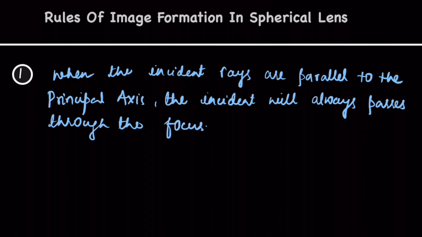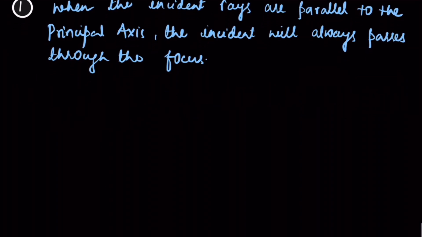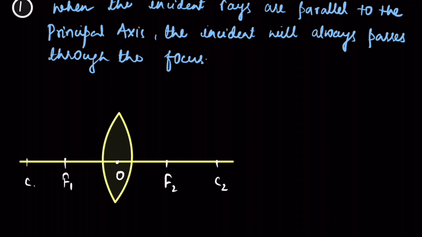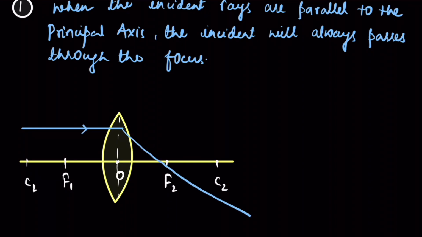This rule is similar to the rule of image formation in reflection. So for convex lens, optical center, f2, c2, f1, c1. If we take the incident ray, it will converge and pass through f2.